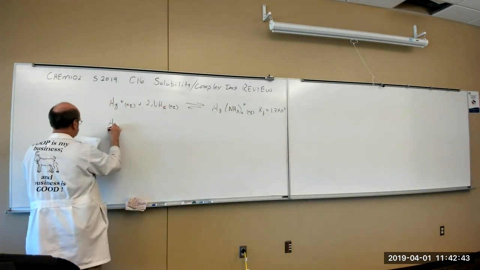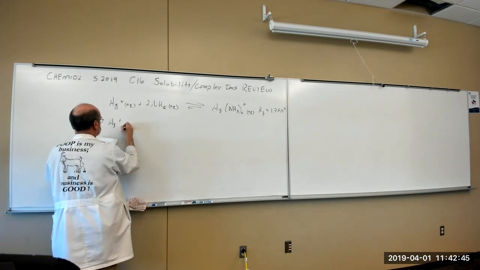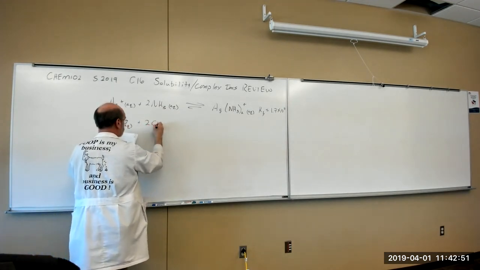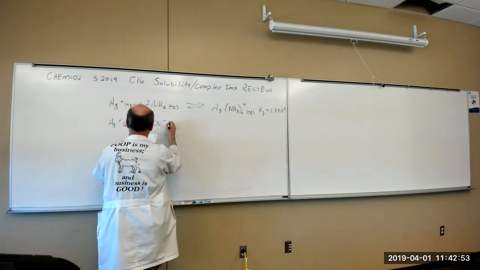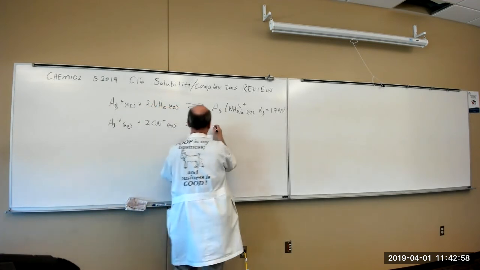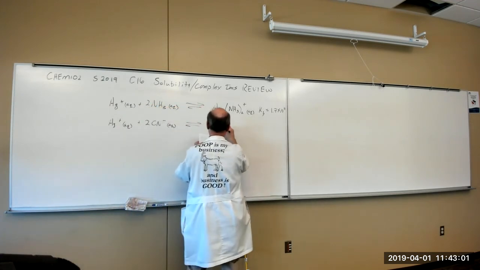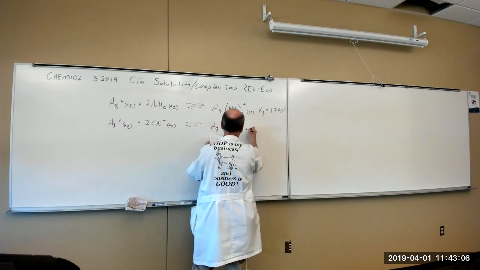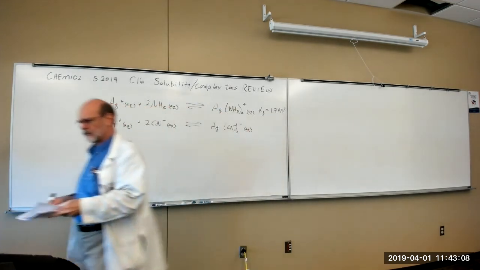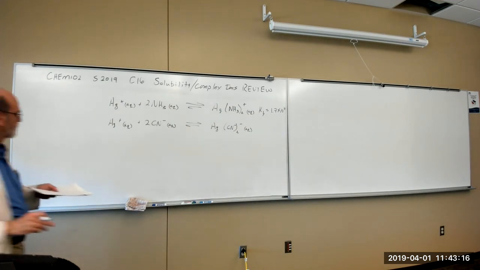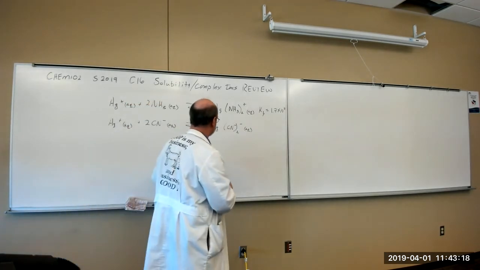And each one of them is silver. What do we call that one? CN, cyano? Yeah, cyano. So it's dicyanosilver 1.